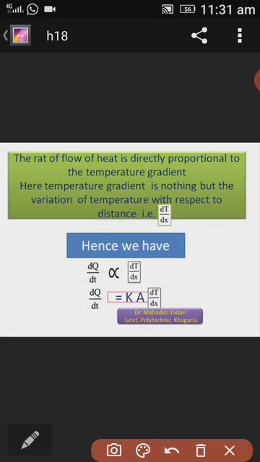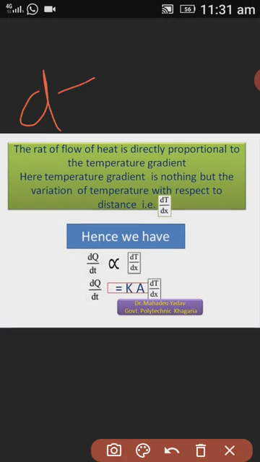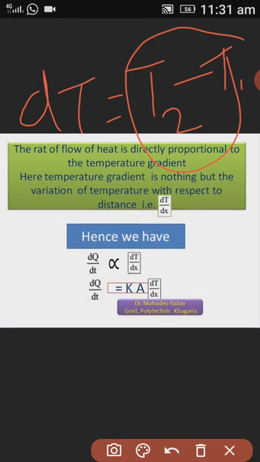Next, temperature difference dt. Temperature difference is T2 minus T1. dt is the short form of T2 minus T1.